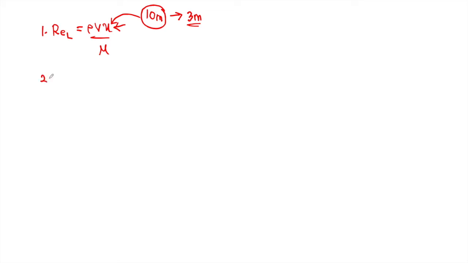Number 2, you have to compare the Reynolds number L with the critical Reynolds number. If the Reynolds number L is much greater than the critical Reynolds number, this is turbulent.